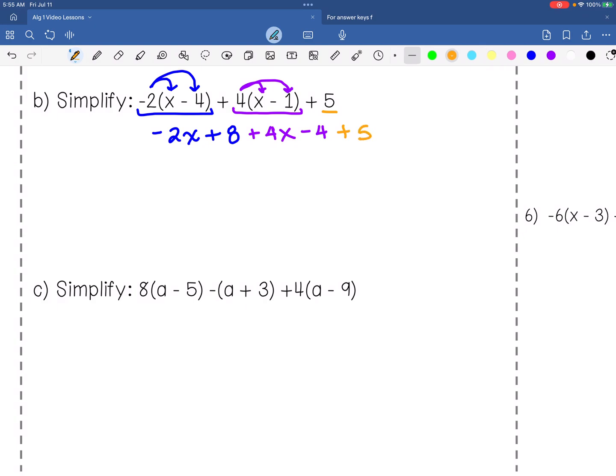And now we're going to see if there's any like terms that we can combine. So we know that anything with the same variable and exponent can get combined. And we also know that numbers can always be combined. So negative 2x plus 4x is 2x. 8 minus 4 is 4, plus 5 is 9.